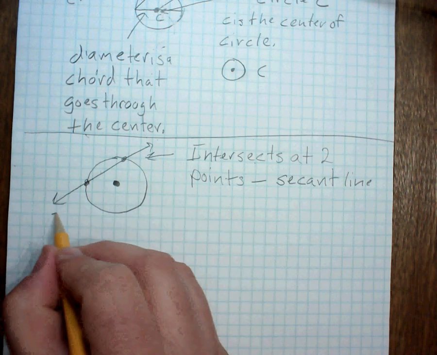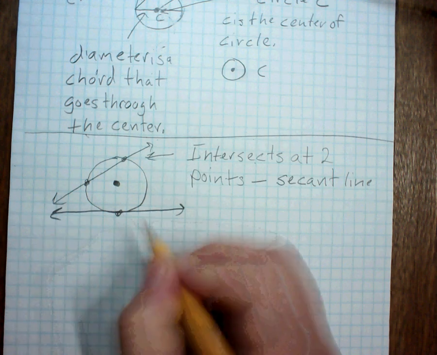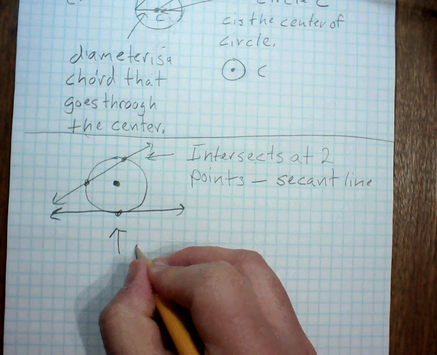Now sometimes you'll have a line that intersects at only 1 point. This is called a tangent line.